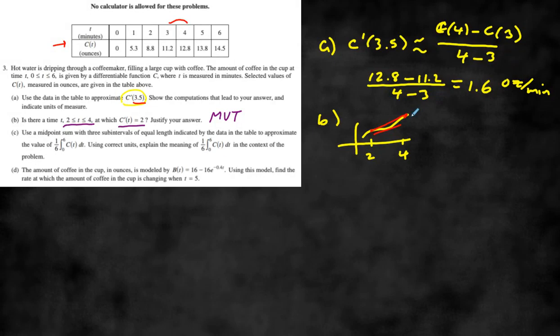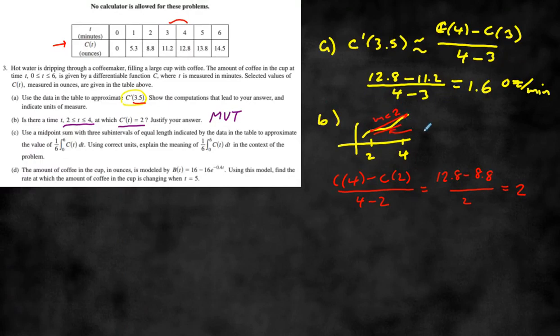then the average slope between those points is matched somewhere actually between the points themselves. So if we take a look at points 2 and 4 and calculate the actual slope, from 2 to 4 we get C of 4 minus C of 2, divided by 4 minus 2. That's 12.8 minus 8.8, divided by 2, and this is 2. So the slope is 2.